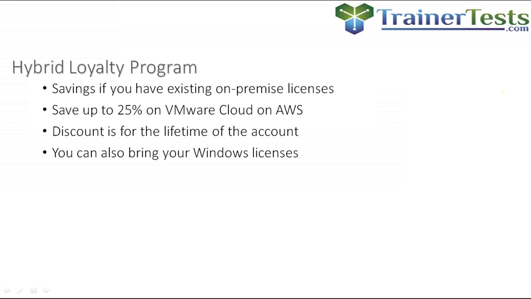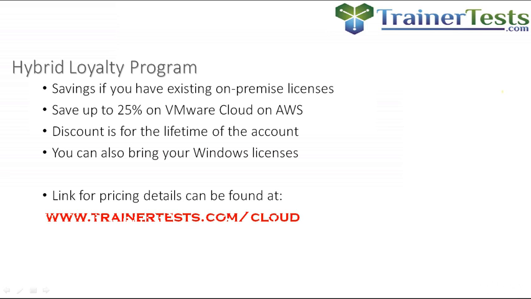And you can also bring all of your existing Windows licenses in as well. So if this is something that interests you or that you think may help you make this a little bit more affordable, you can actually see all of the pricing details for this program at www.trainertests.com/cloud. I've included links to all the pricing information there.